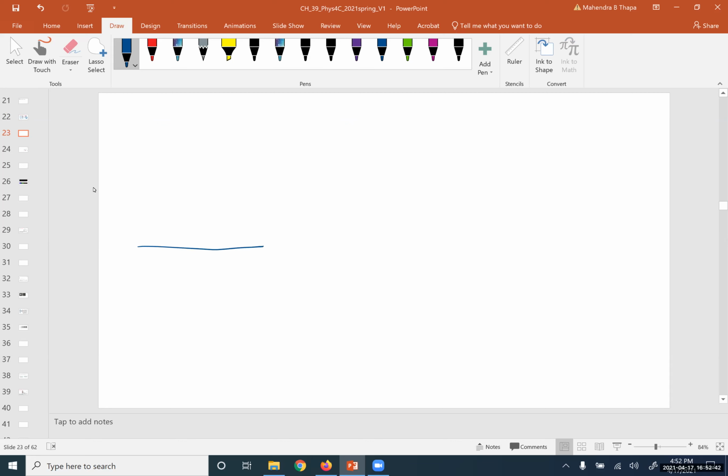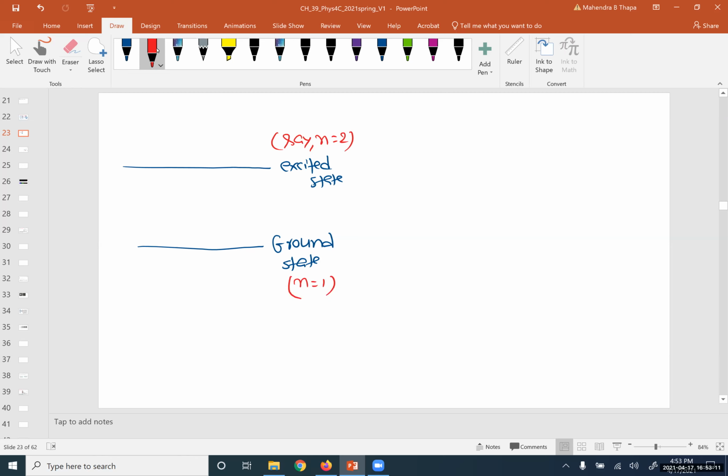Based on that, let's say this is your ground state, ground level. Okay, ground state, and it could be any excited state. It could be n is equal to 2, n is equal to 3, or any other excited state. Say it is n is equal to 2, for example, and the ground state is n is equal to 1 in our case.